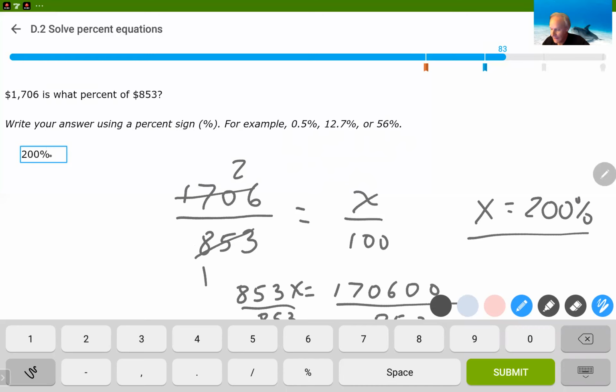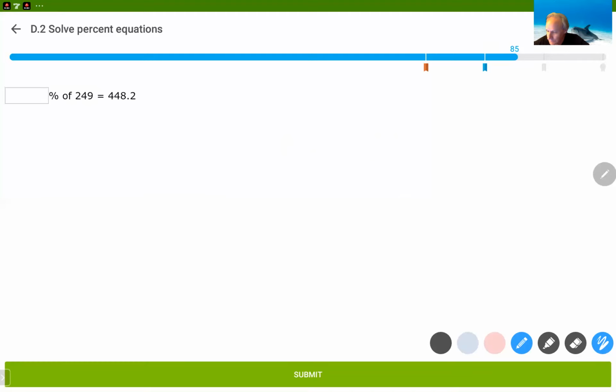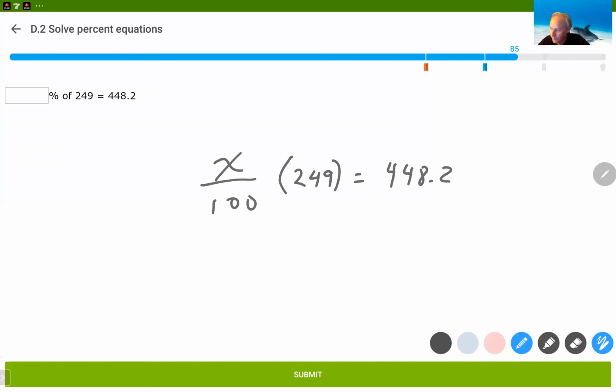The number sense is lagging, and we're supposed to use the percent symbol. Okay, so x over 100 of 249 is 448.2.